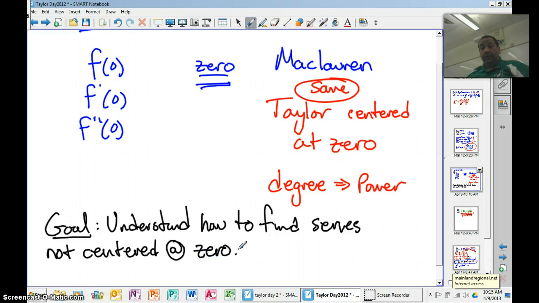That's our goal. It's to understand how to find series not centered at 0.